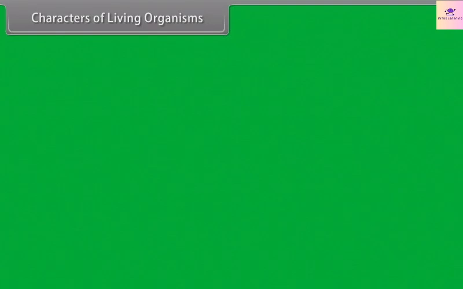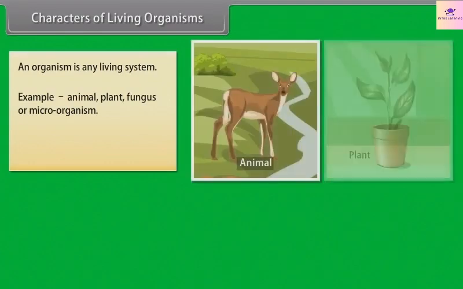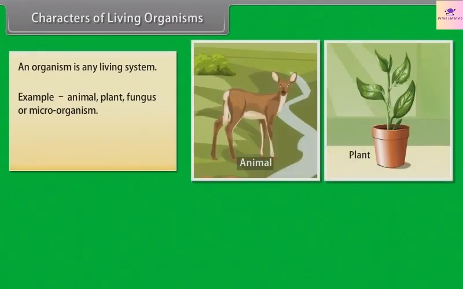Characters of living organisms. An organism is any living system, for example, an animal, plant, fungus, or microorganism. All the living things are called organisms.